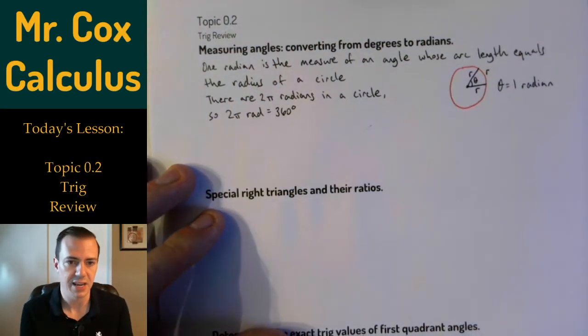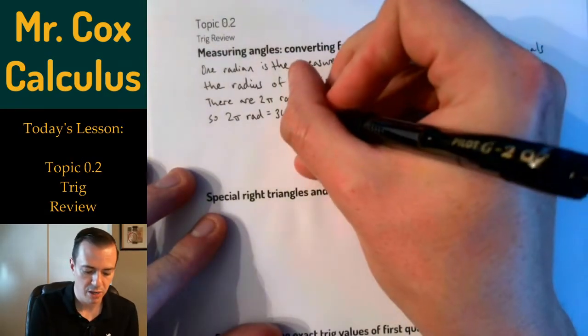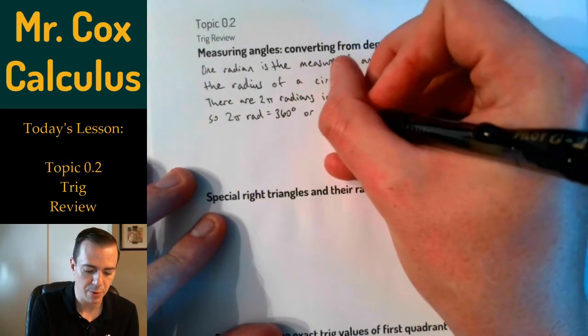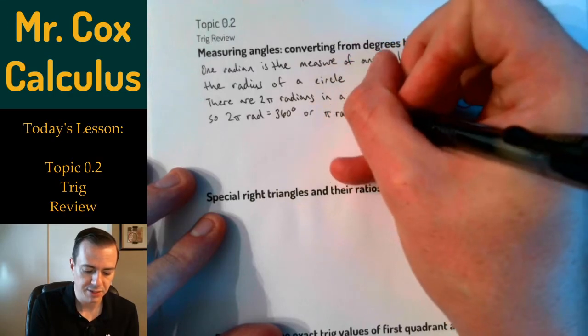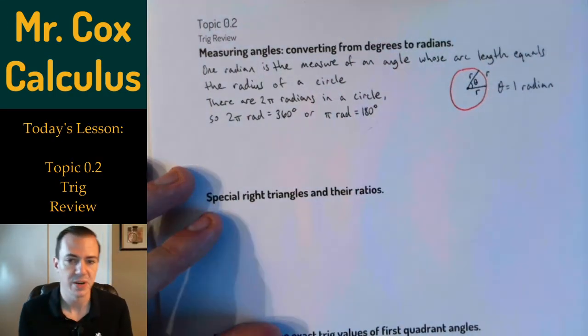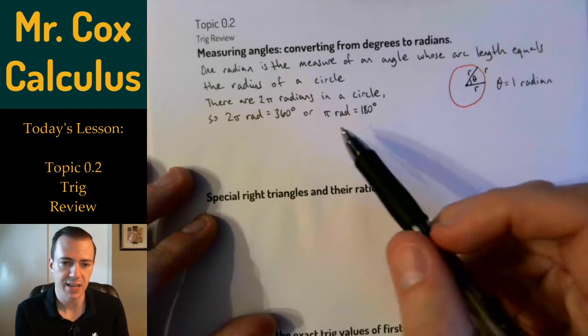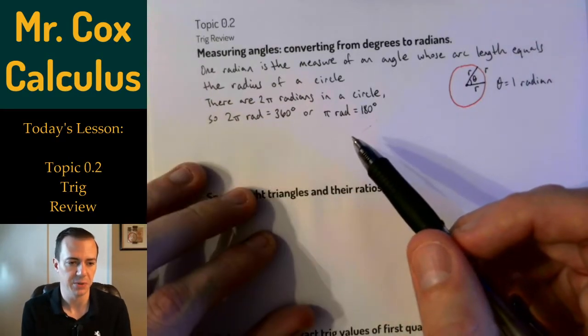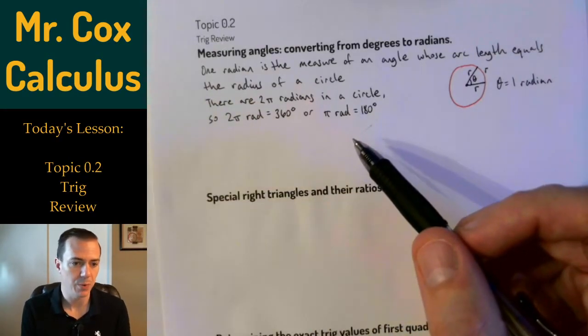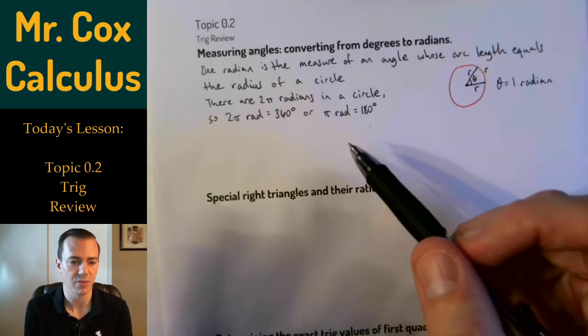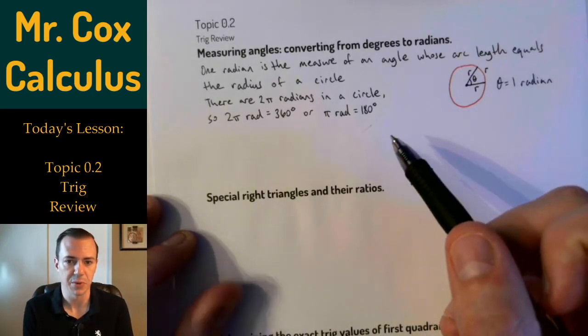And if you simply take that equation and divide the 2 out, you can also say that pi radians is equal to 180 degrees. And this statement right here that pi radians is equal to 180 degrees is what we'll use to convert if we need to convert an angle from degrees to radians.